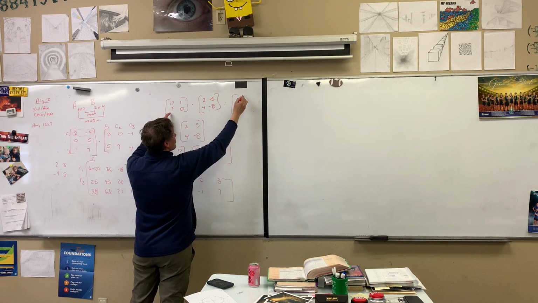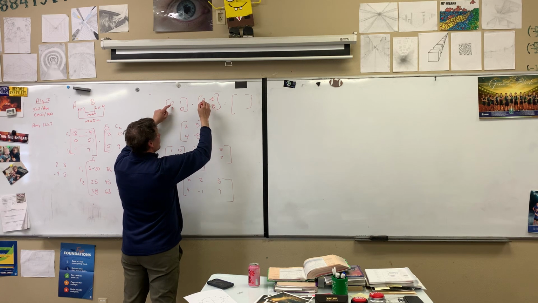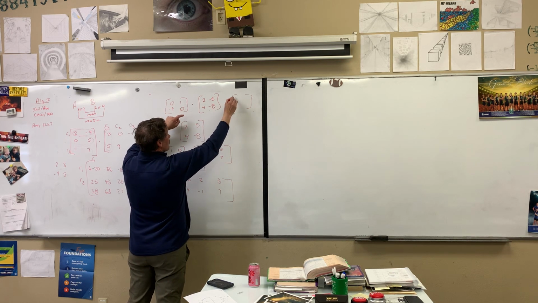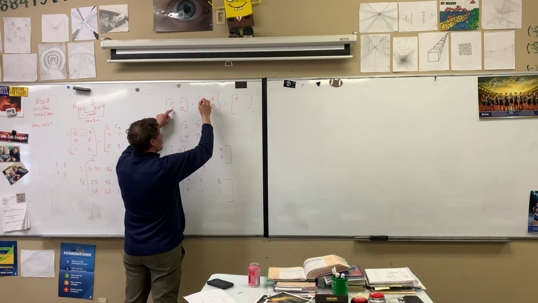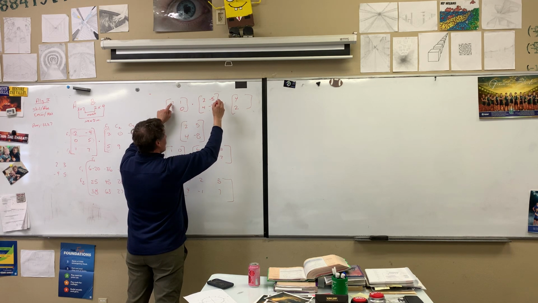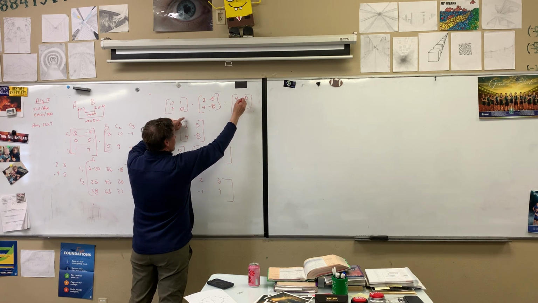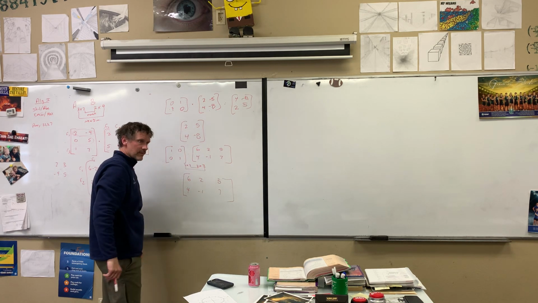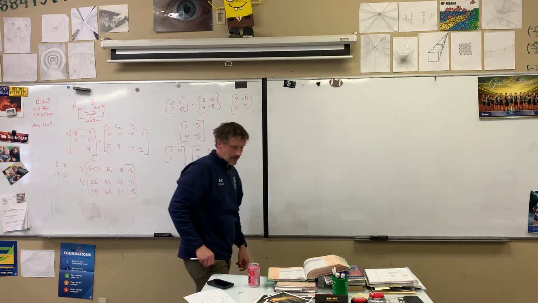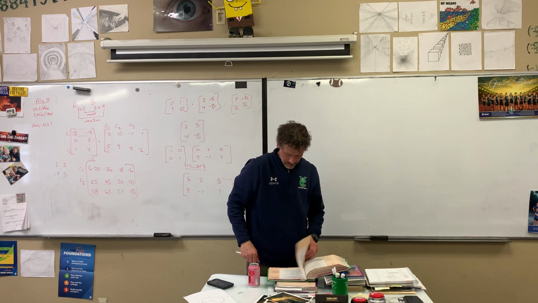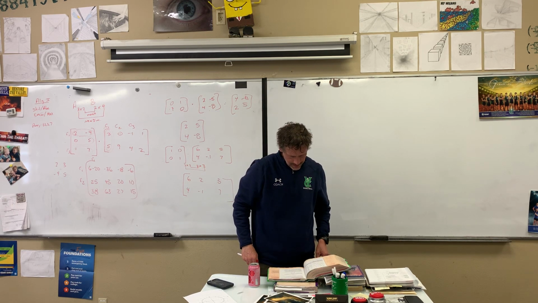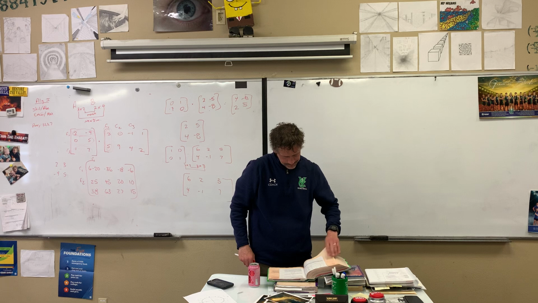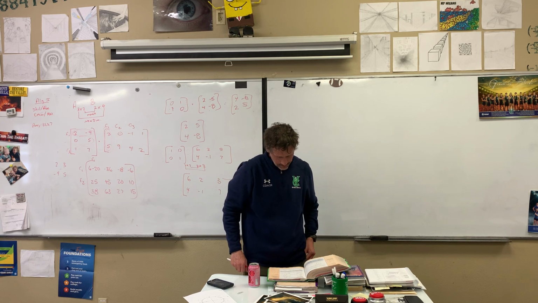So then this would be 0 and 4, and 2 and 0, and then 0 and negative 8, and 5. So it just flips it. Yeah, it just flips it.